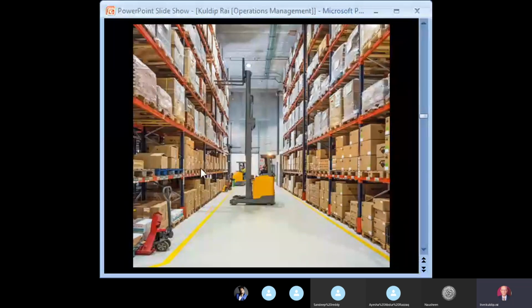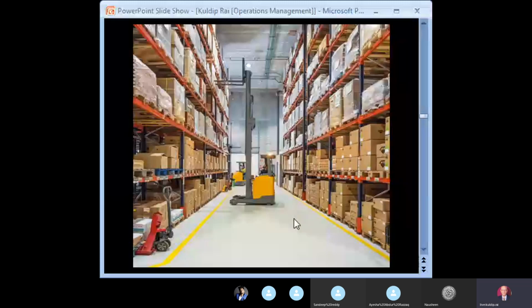1, 2, 3, 4, 5, 6. Here, 1, 2, 3, 4, 5, 6. 6 levels. And the height of this rack may be something like 4 meters. Your hand will not reach the top.